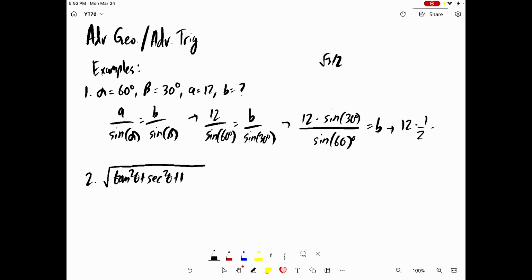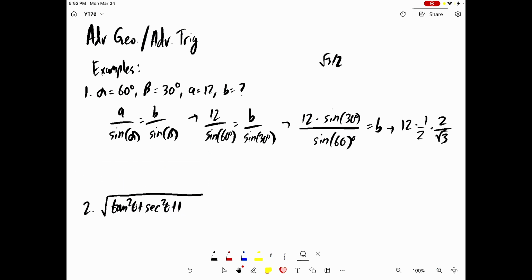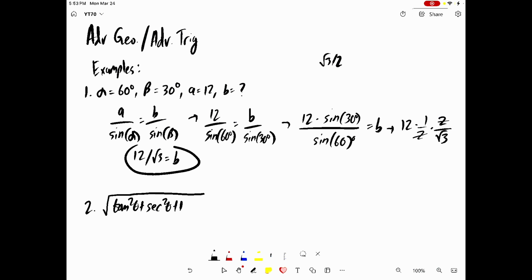But since it's in the denominator, it's going to be 2 divided by the square root of 3. Now, when you start simplifying this, these 2 cancel, so that means you have 12 over the square root of 3 is equal to B. And that is your answer.